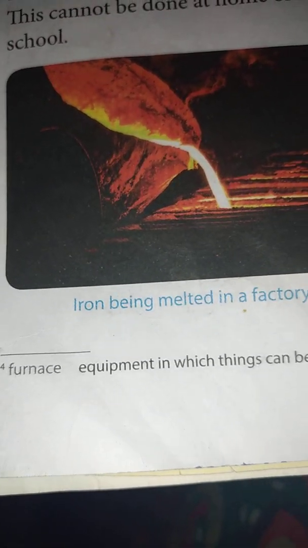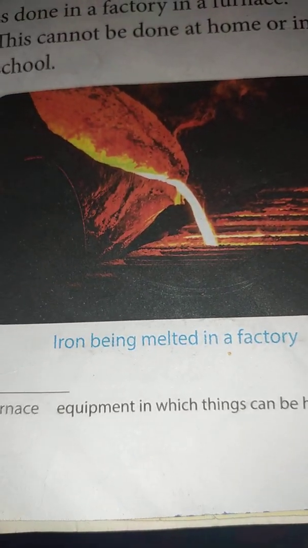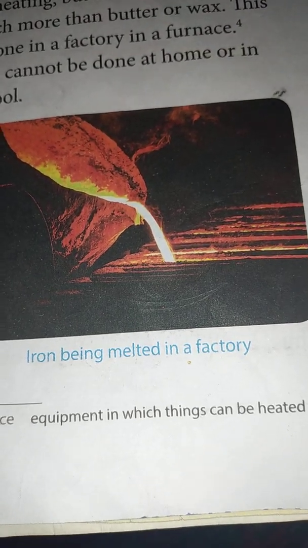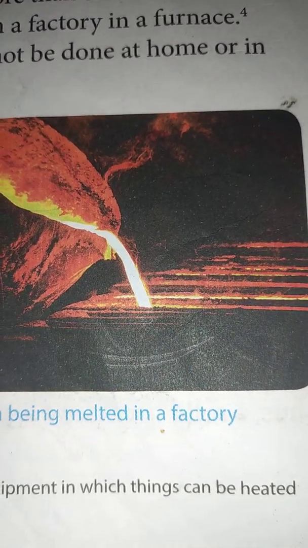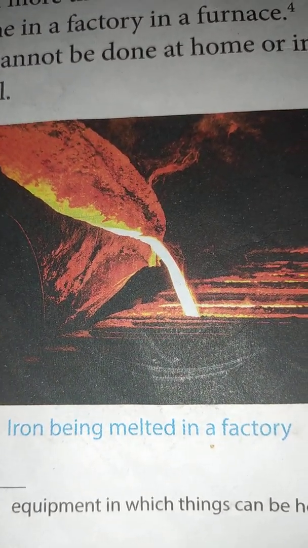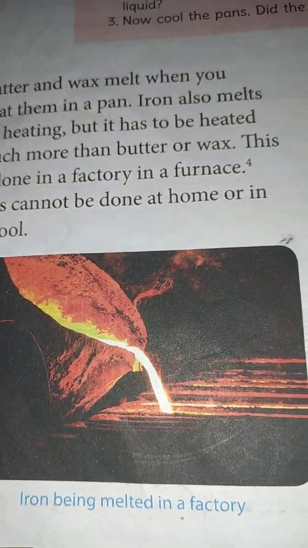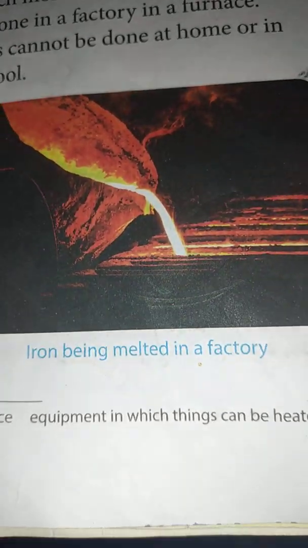The iron melts in the factory at a very high temperature, not at normal temperature like mummy cooking on the stove in the kitchen. Very high temperature is applied, then the iron melts on heating. Furnace is nothing but equipment in which things can be heated. So this cannot be done at home or in the school.